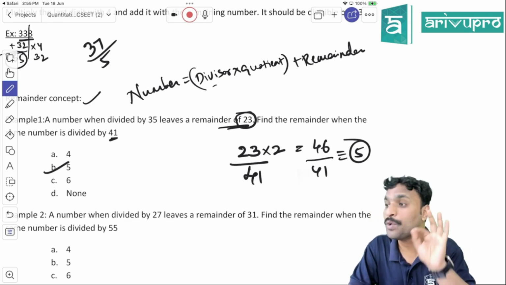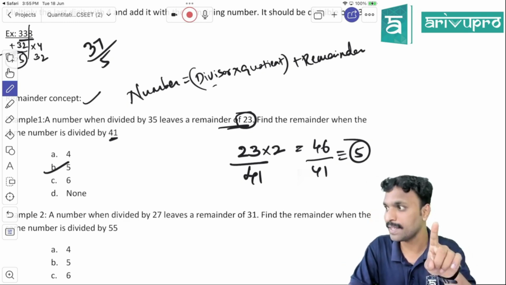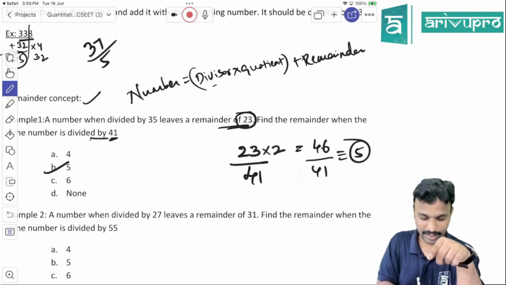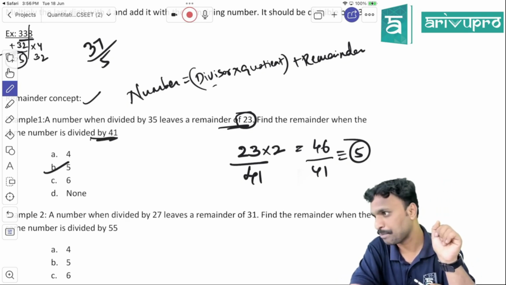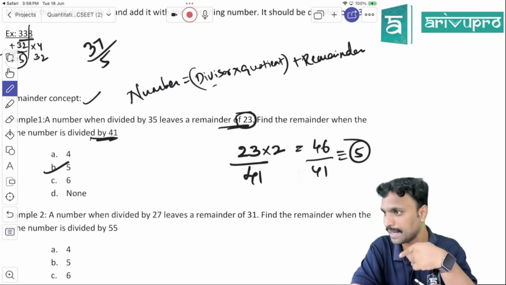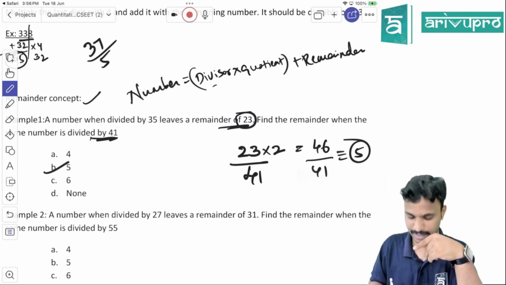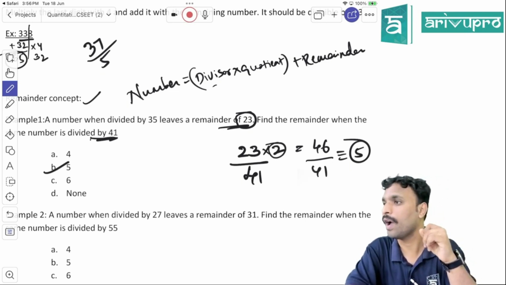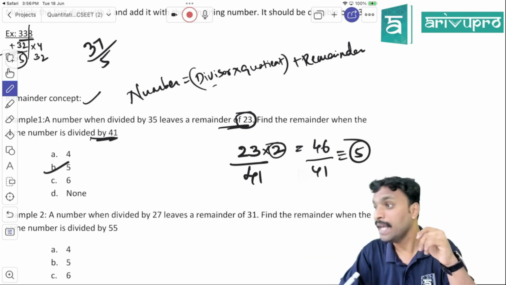First of all, you have to take the remainder in the first case. You have to divide that by whatever is the divisor in the second case. See if it is divisible by that number. Definitely 23 is lesser than 41, so get the next multiple.